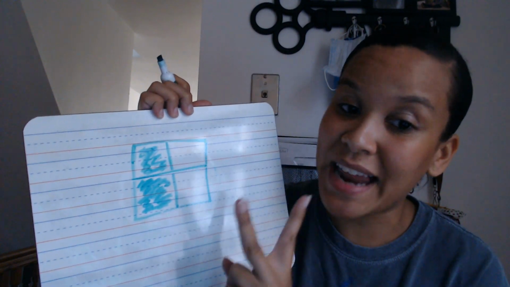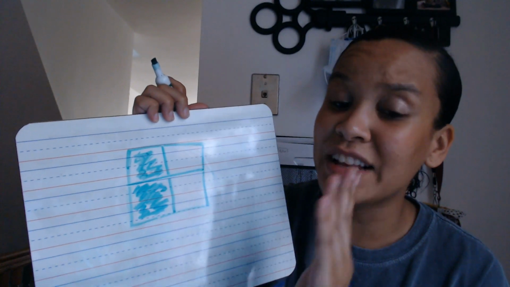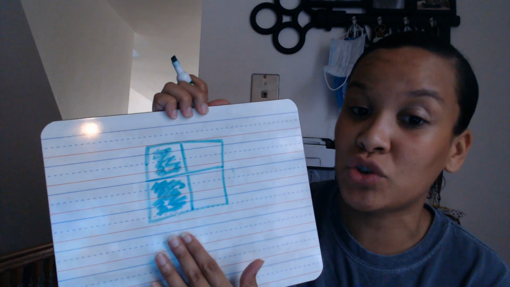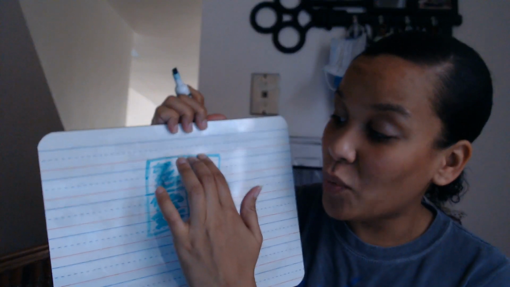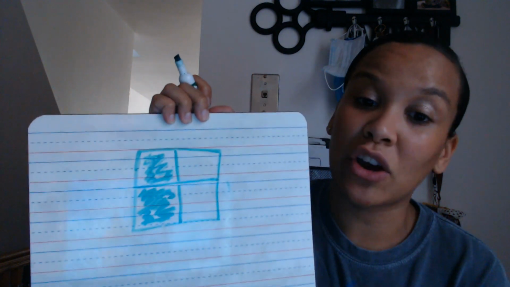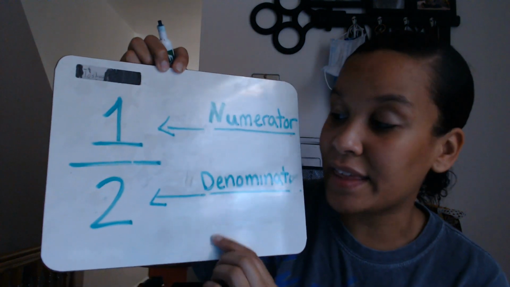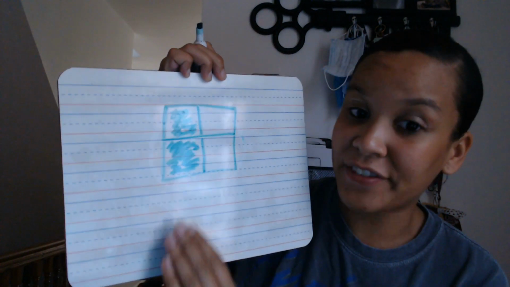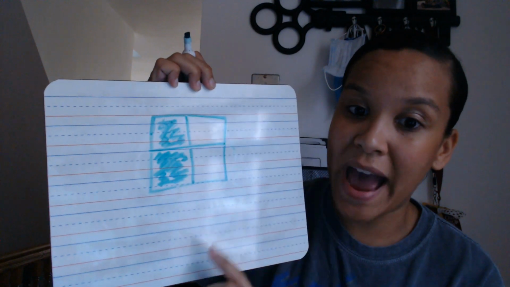Even though it doesn't have 2 equal parts, I do know that 1/2 is shaded in, but it does have 2 equal sides. With this being empty and this being shaded in, they look like they're the same size. So that is why it's okay to say that there's 2 equal parts and half is shaded in, just 1/2.